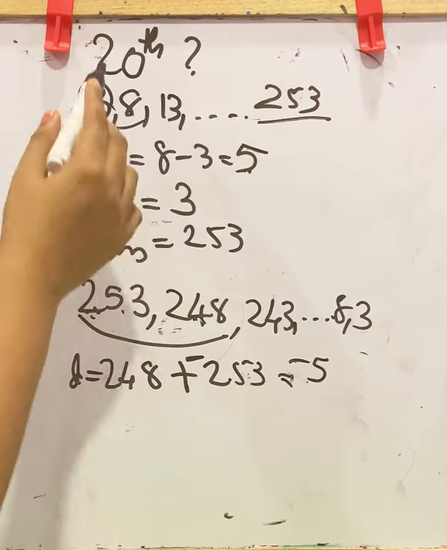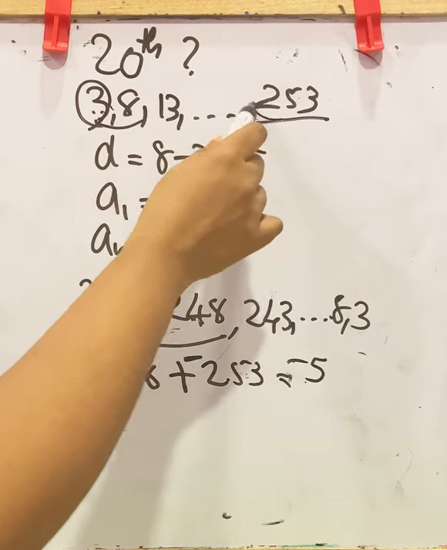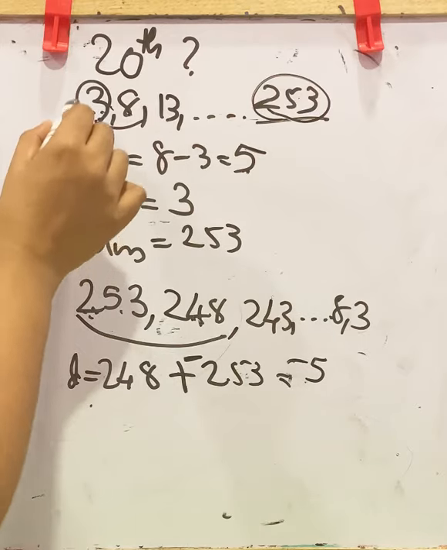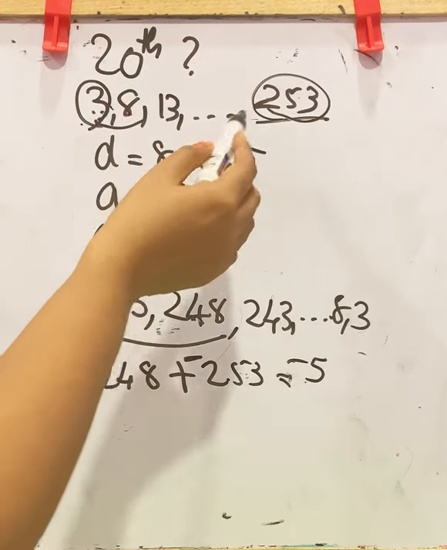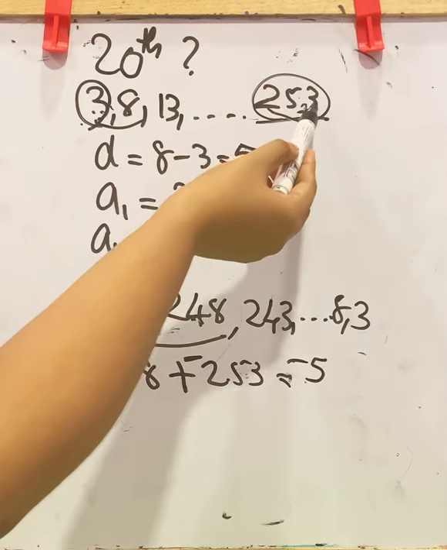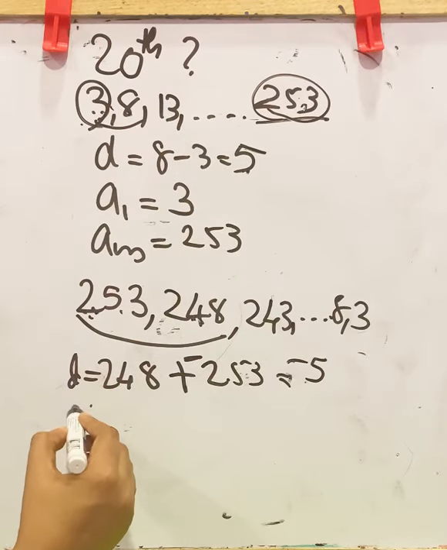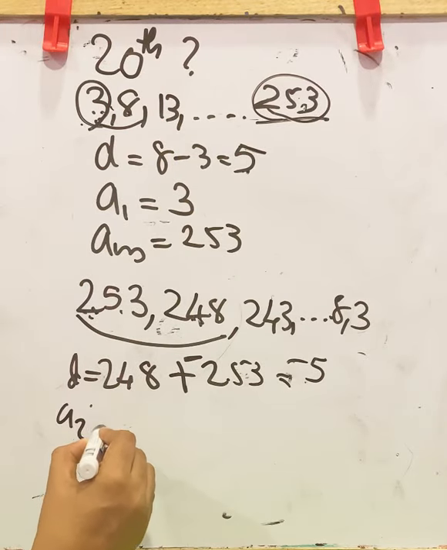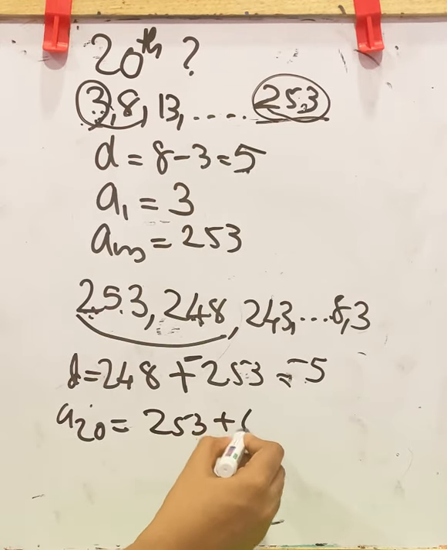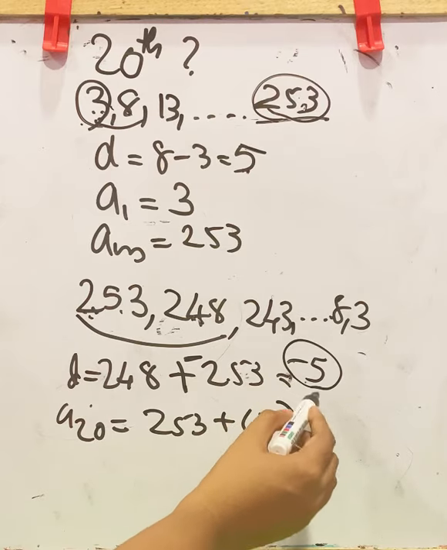Now we have to find the 20th term because in the question it is given you have to consider 253 and from that you have to find the 20th term. Not the 20th term from here, we have to consider this one and the 20th term from the last term. So 1, 2, 3 backward we have to find the 20th term. So here a20 equals first term 253 plus (20 - 1), 19, into d, which is negative 5.